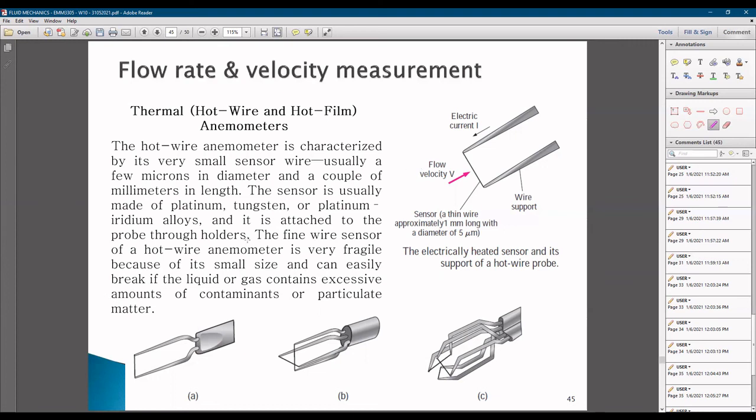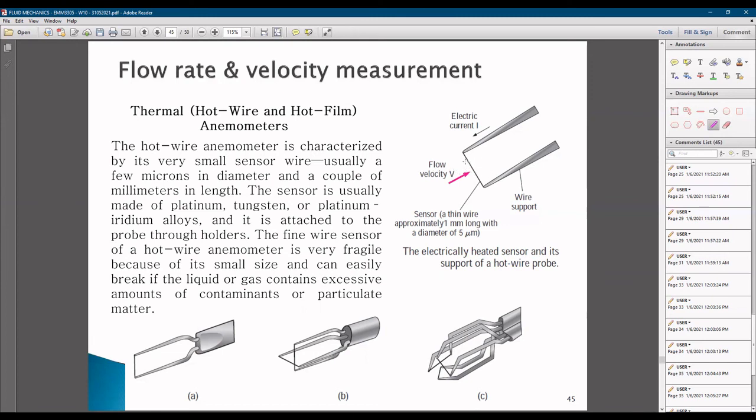What happens with this hot wire is that a current is applied to this thin wire, and when the airflow, or the velocity, goes through this wire, there will be some changes in the temperature.